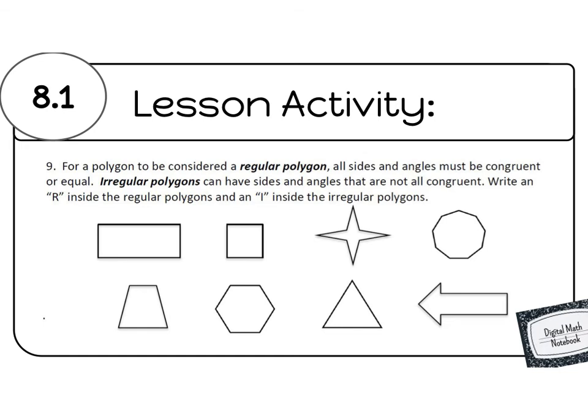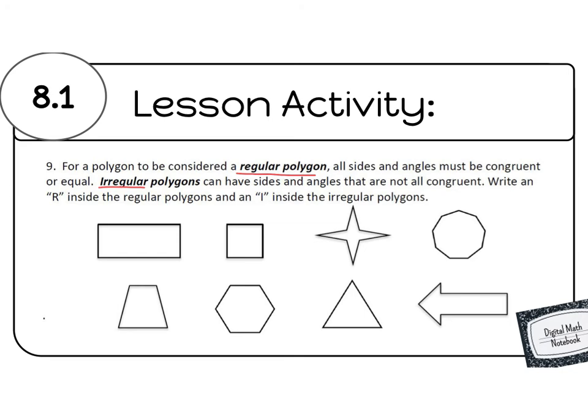All right, friends, it's time for our lesson activity. In today's lesson activity, we're going to be talking about regular polygons or irregular polygons. Irregular means that it is not regular. So a regular polygon means that all the sides are equal.